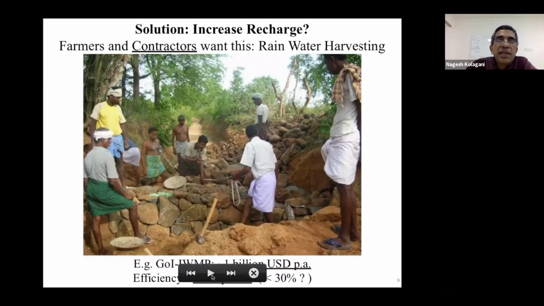And typically things work suboptimally, by the government's own admission. Less than 30%, like 30%, is a very efficient structure. So you can imagine the kind of wastage, and farmers are okay with it because it's not their money, it's government money, and contractors are very happy. So everything gets directed towards recharge, improving recharge.